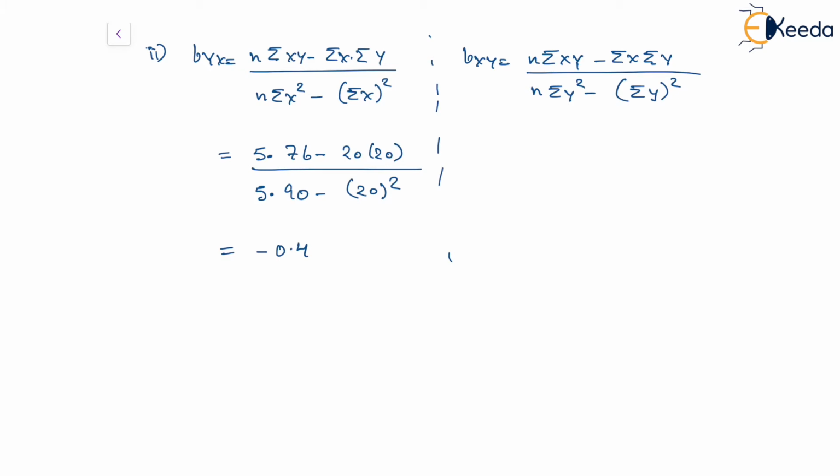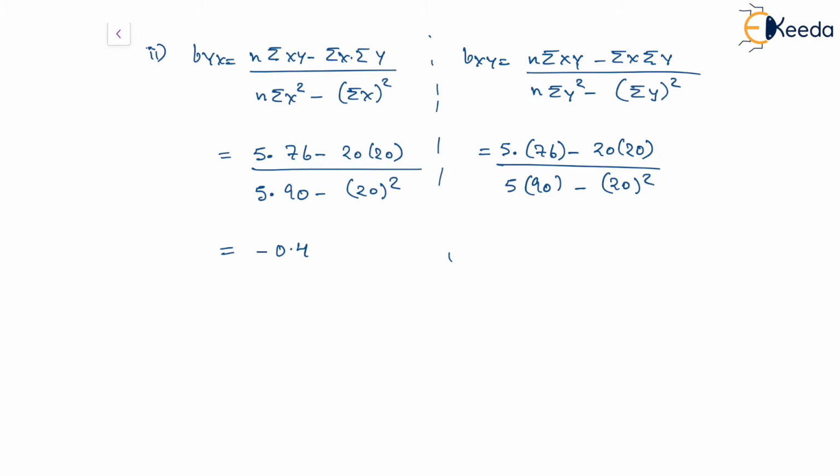With the given values, this will be equal to 5 times 76 minus 20 times 20, divided by 5 times summation of y square, which is 90, minus square of the summation, which is 20 square.